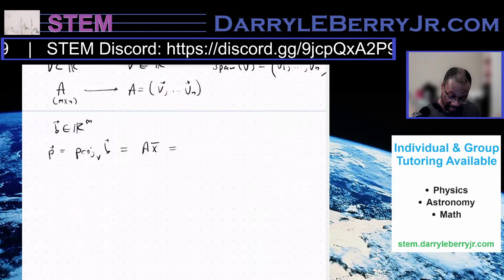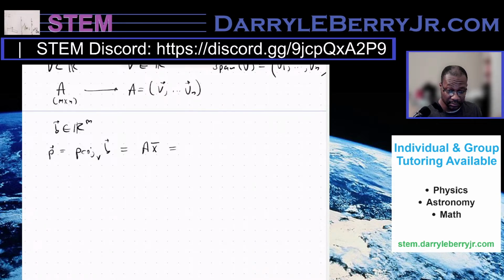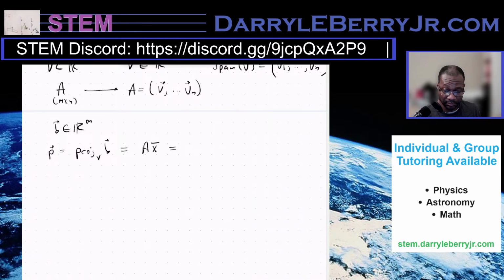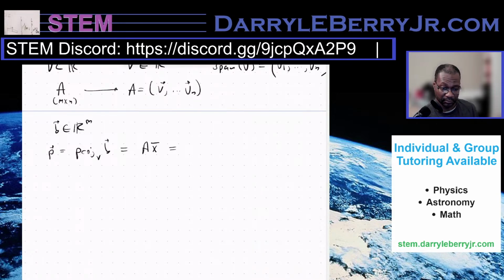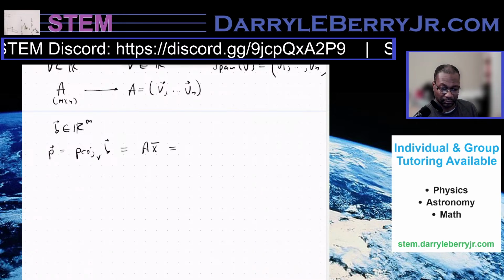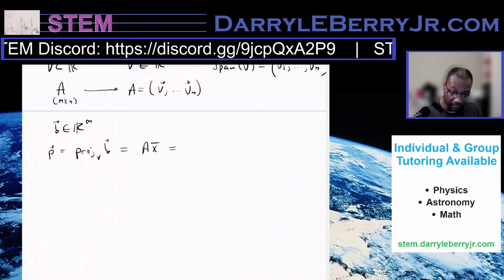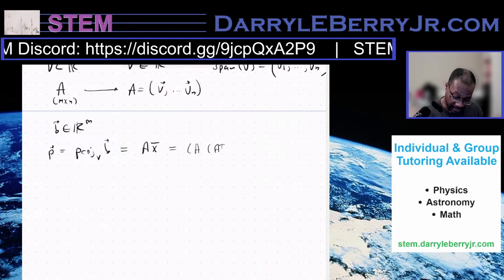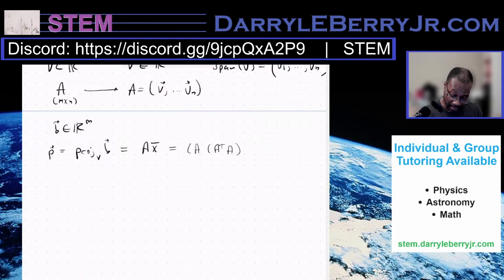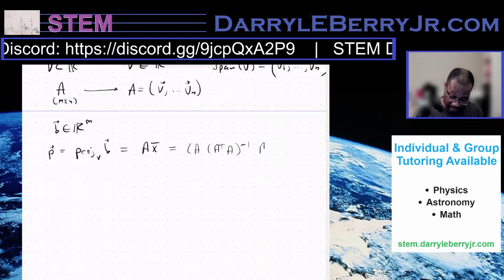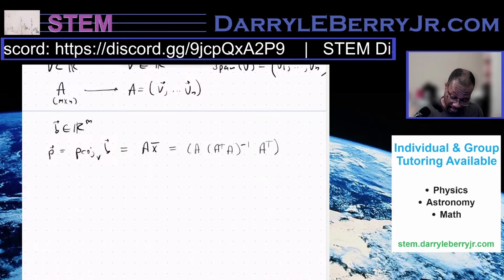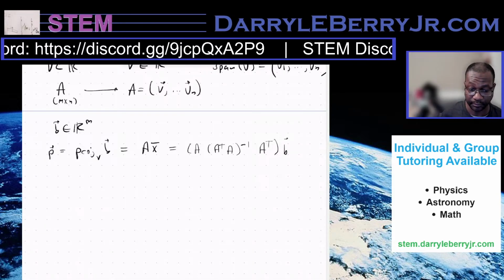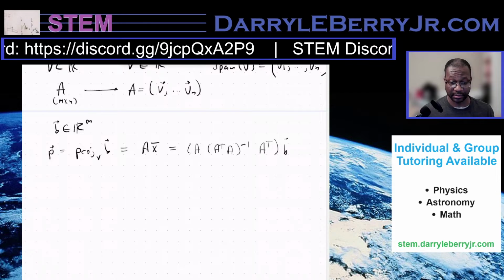So A equals A (A^T A) inverse A^T. All right, now he's doing too much. All right, let's do an example. Maybe that'll clear some things up.